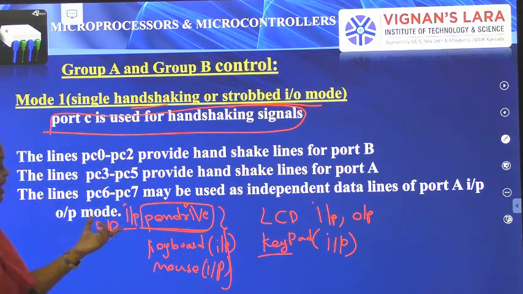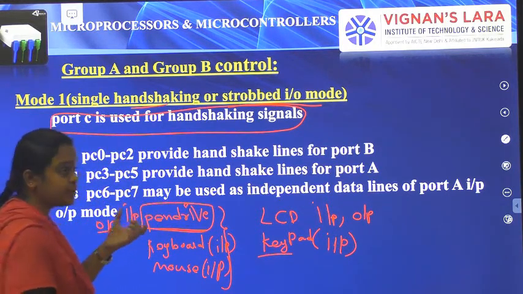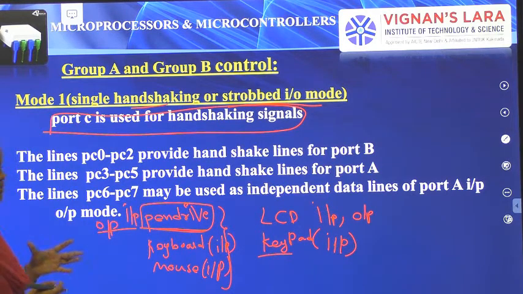But coming to the pen drive and the LCD, using the LCD we give the input, and we also present the output. The system provides the output using the same LCD. The pen drive also sometimes acts as an input, sometimes as an output.